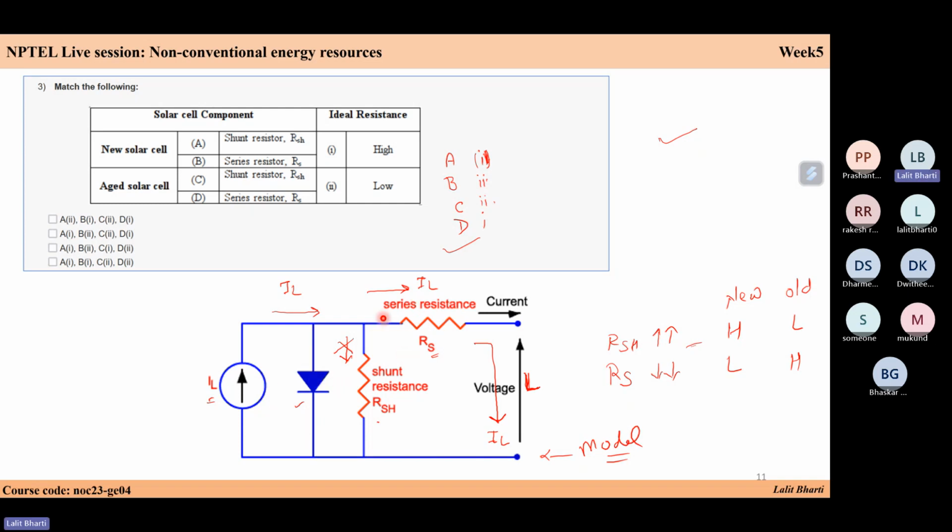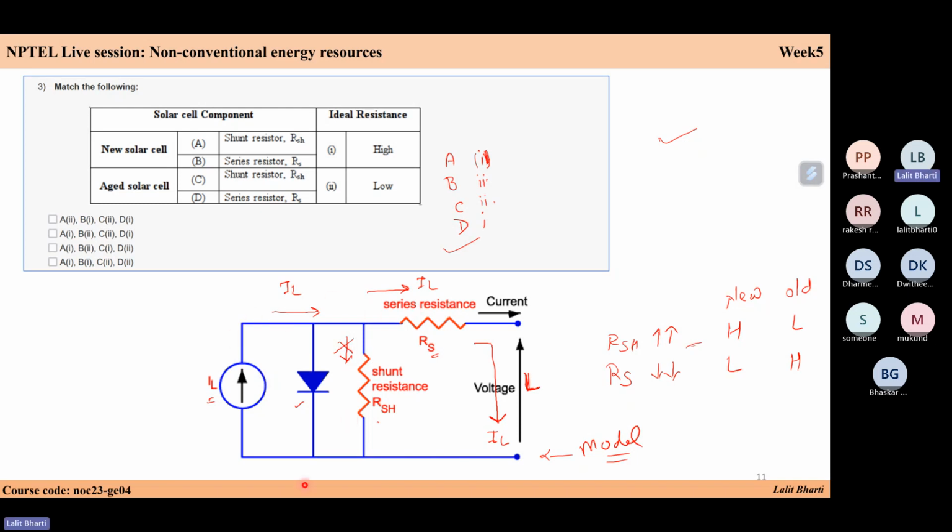So there is one series resistance and one shunt resistance. One resistance should be very high and one resistance should be very low. This is your load, and voltage is being measured between these two points.